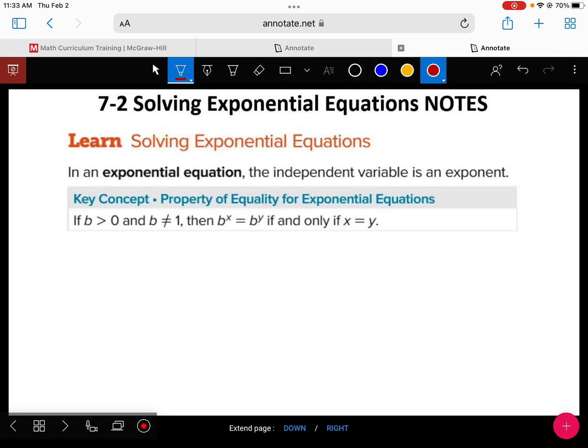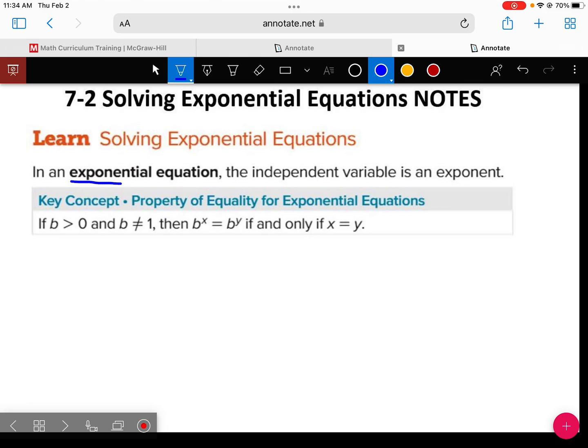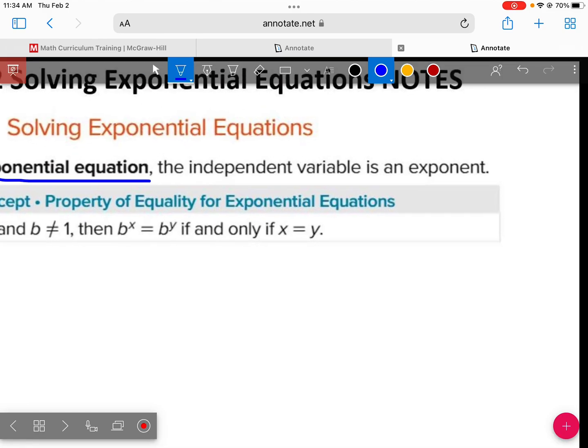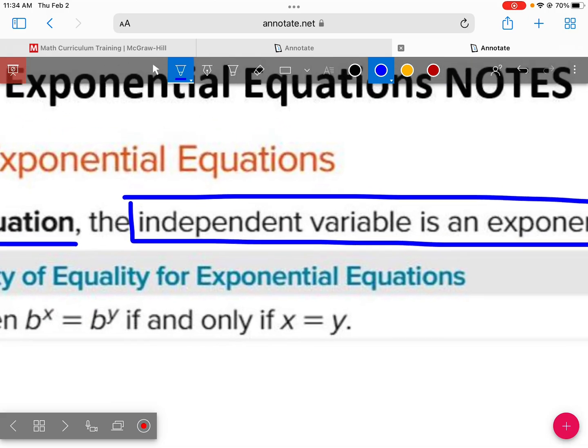Key concept for our first example. Ooh, and look, they even defined it for us right here. In an exponential equation, the independent variable is an exponent.